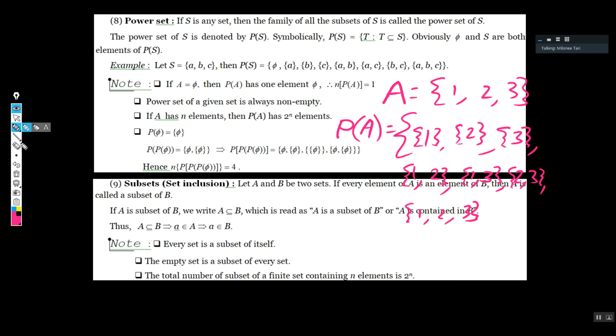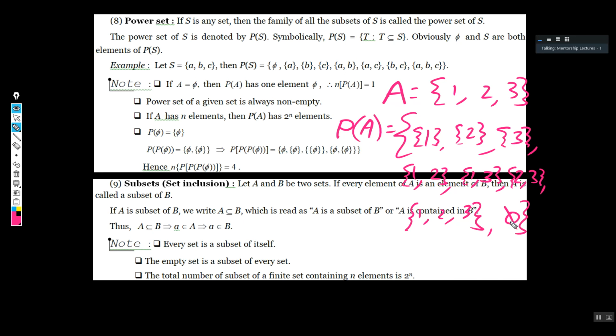So null set can come. And the set itself is the subset, and one more set is also there, which is the null set. Null set is an element of power set. All sets' power sets contain the null set.